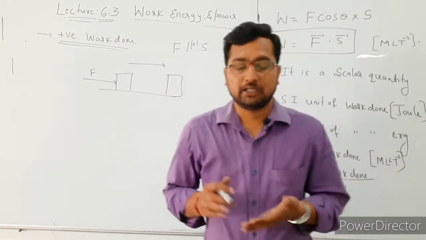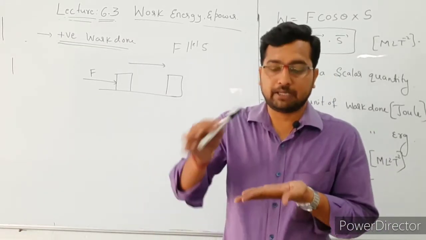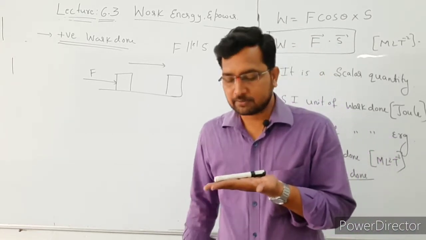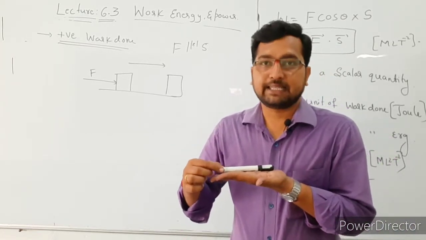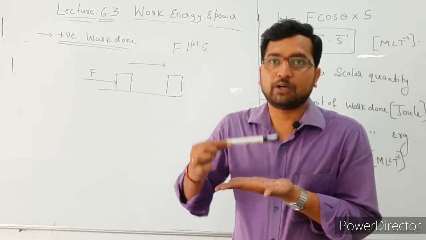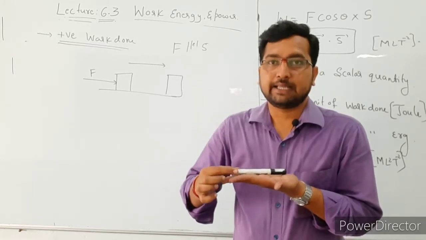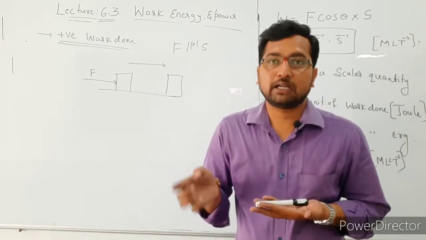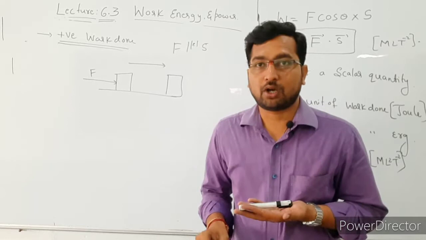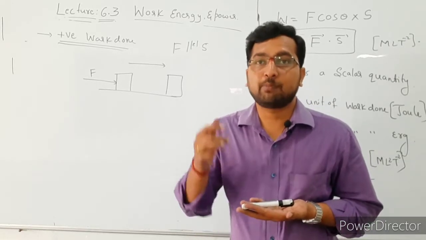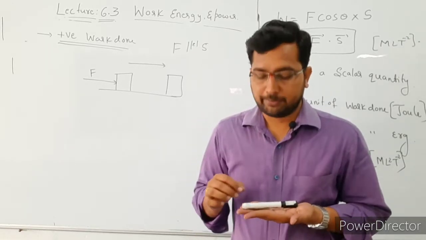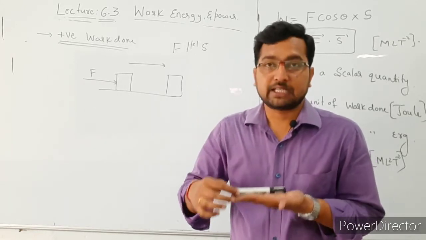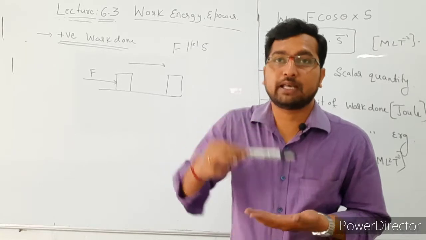Okay, let's see the examples. Consider a horizontal surface. We have placed a body on the horizontal surface. A person is lifting this body in the upward direction. Then the work done by the external force, or the work done by the upward force, is positive, because the force is acting in the upward direction and the displacement is also upward.